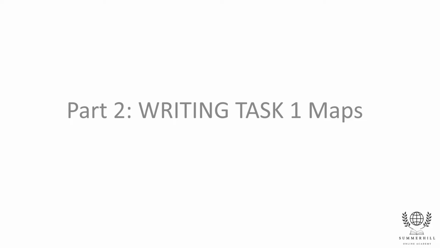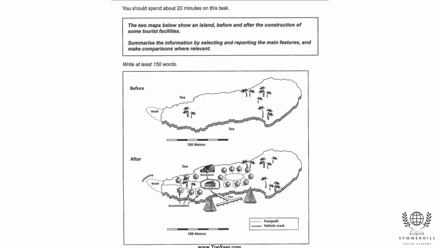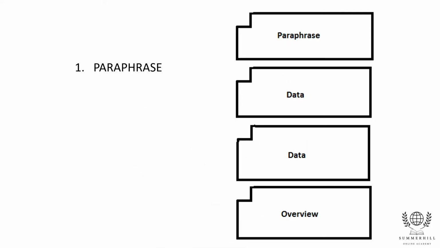And so we're going to take a look at this section and consider some of the particular requirements necessary. As I mentioned before, even for map type questions for Academic IELTS Task 1, we are once again going to use our 4-step approach.